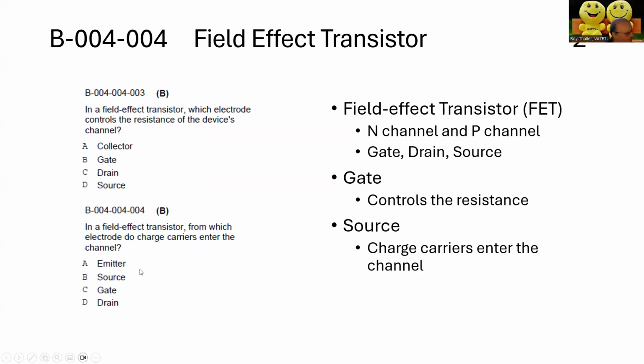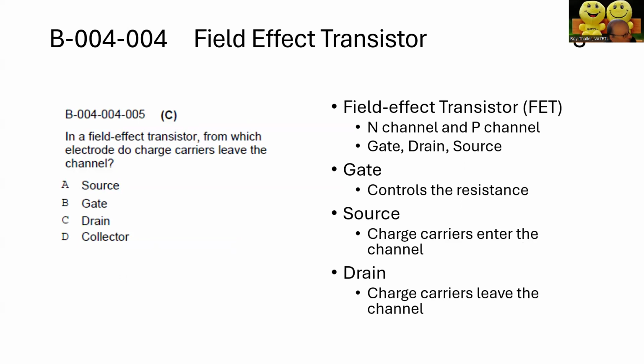So that would come from the source, B. In a field effect transistor, from which electrode do charge carriers leave the channel? So we talked about the gate, we talked about the source. So the thing that's left is C, the drain. Remember that D, the collector, refers to a bipolar transistor, not to a field effect transistor.